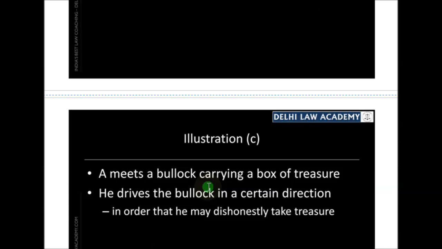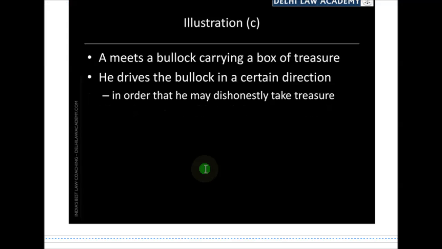Moving on to the next illustration, we find the facts as under. A meets a bullock carrying a box of treasure. He then drives the bullock in a certain direction in order that he may dishonestly take treasure. Here also we find that A has not even touched the treasure, he has simply moved the bullock.